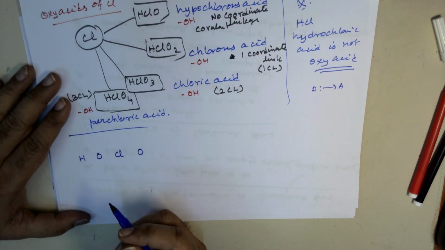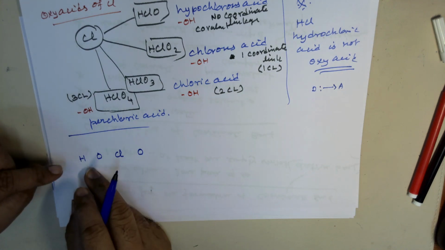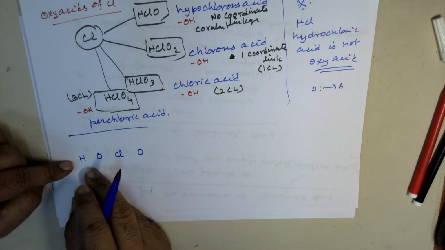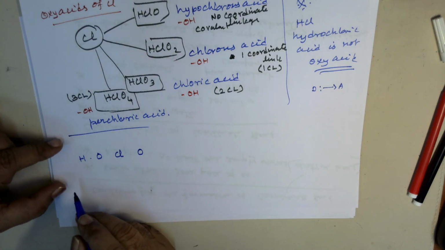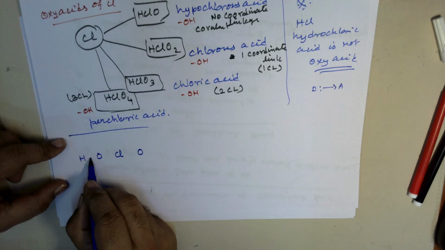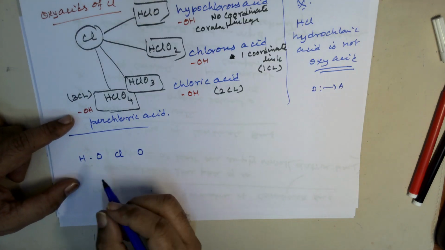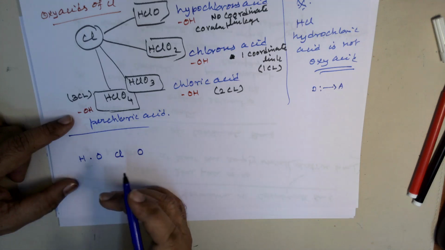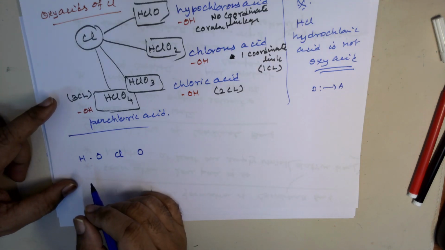Okay. Now tell me the electronic configuration of hydrogen. How many electrons are there in the hydrogen? Only one. Okay, so I can put one. And what about oxygen? How many electrons are there in the outermost shell of oxygen? Six.